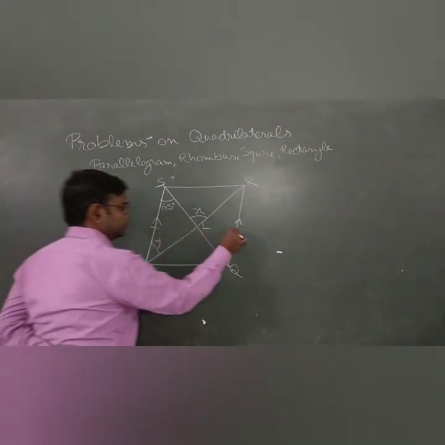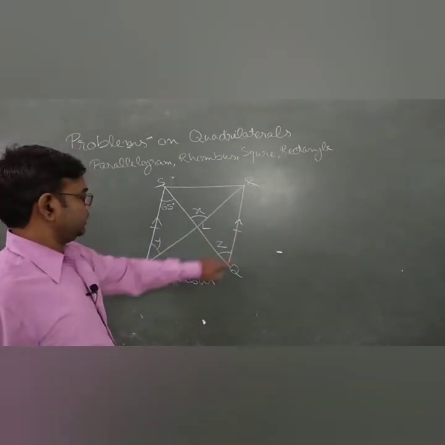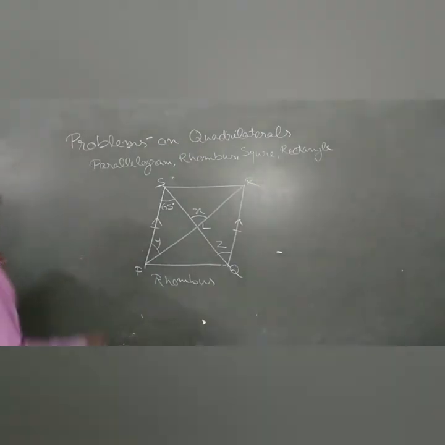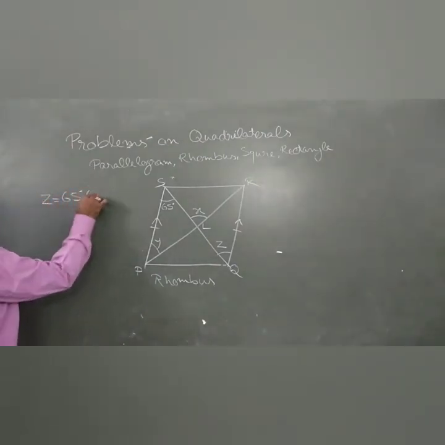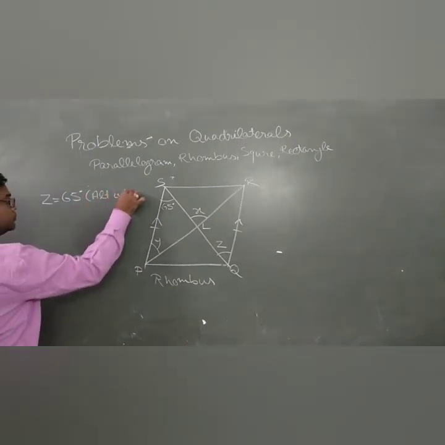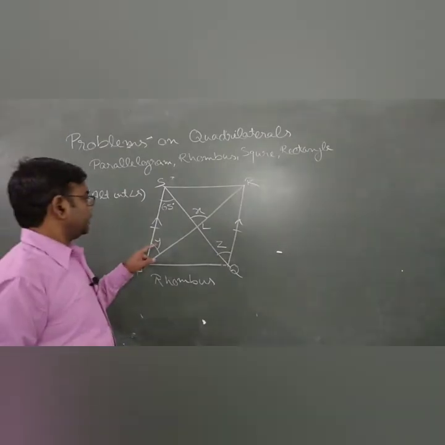This is your transversal. So these two angles are equal, because they are alternate interior angles.